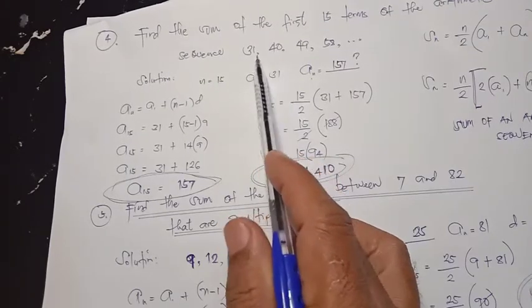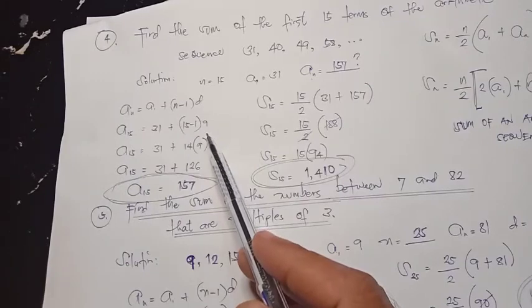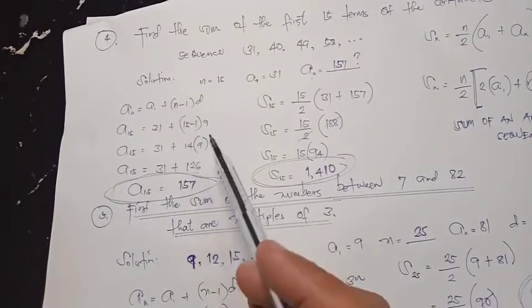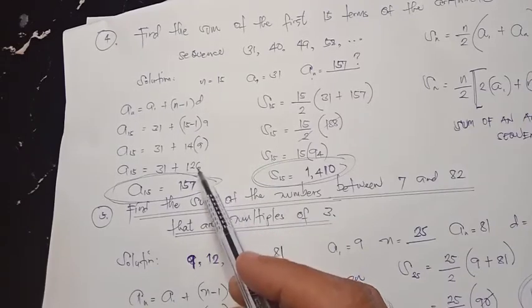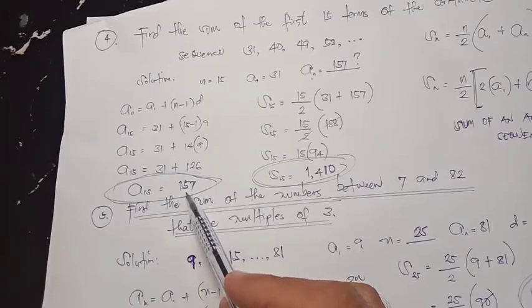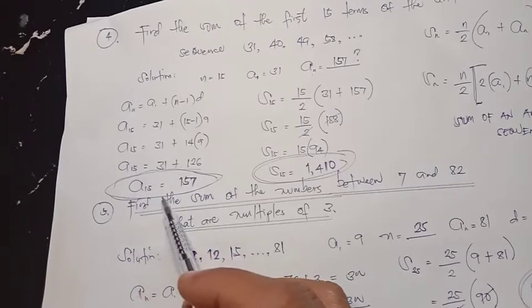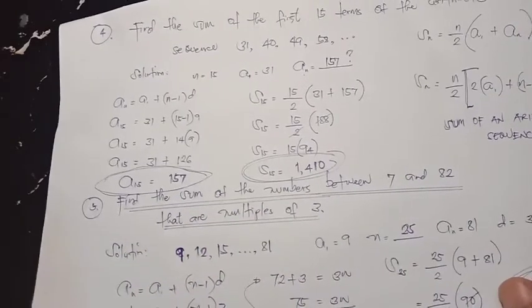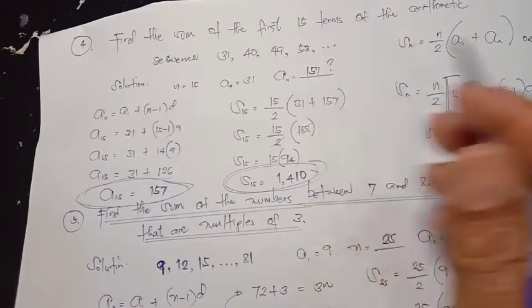So, 40 minus 31 equals 9. So, the common difference is 9. So, 15 minus 1 is equals to 14 times 9 is equals to 126 plus 31, that is equals to 157. So, the 15th term is 157.